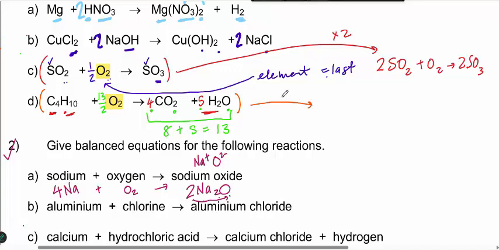So you take the whole thing times 2. So 2C4H10 plus 13O2 become 8CO2 plus 10H2O. Get it? So these numbers 2, 13, 8, 10, there's no way you can do it just like that.